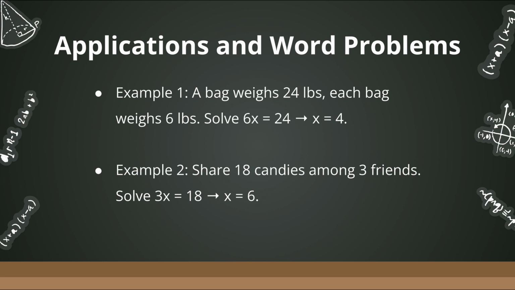Alright, let's check it. The equation is 3x equals 18. Dividing both sides by 3, 18 divided by 3 is 6, so x equals 6. The final answer is each friend gets 6 pieces of candy.